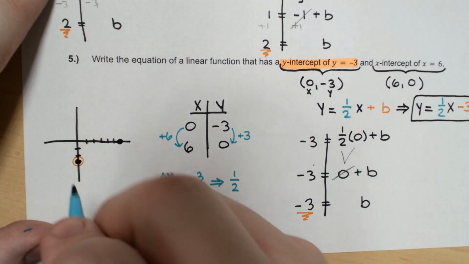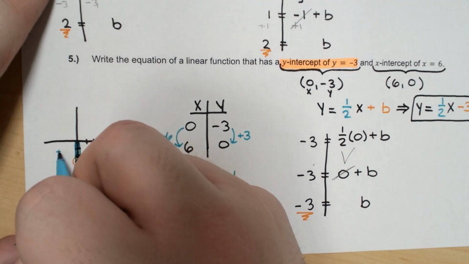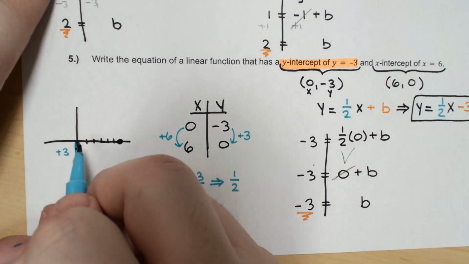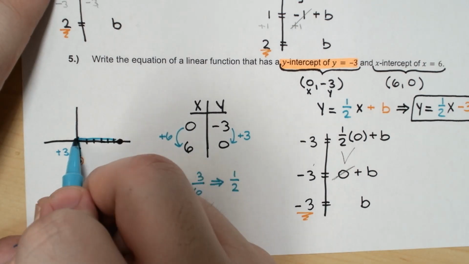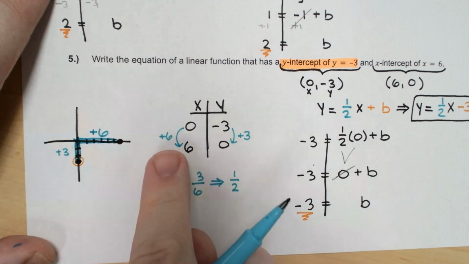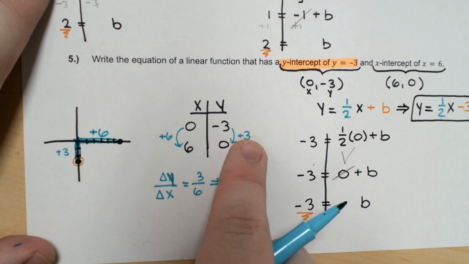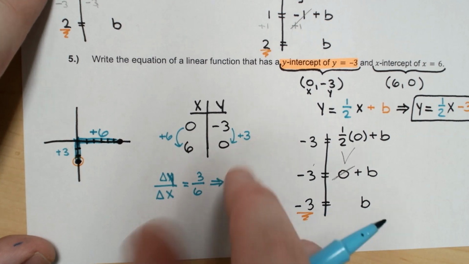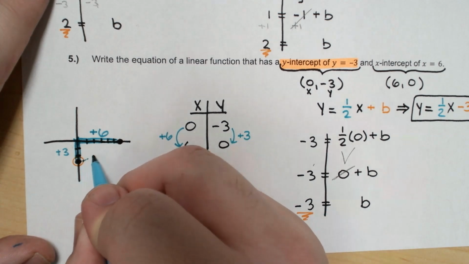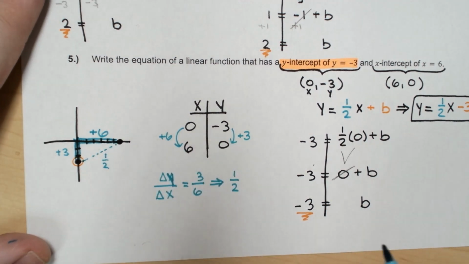And between those 2 points, it goes up 3 and right 6. Well, that's just the change in the x and the y values. So anytime you've got 2 points that are nice and pretty on the axes like that, you might be able to just mentally say, hey, the slope is 1/2. Either way works just fine.